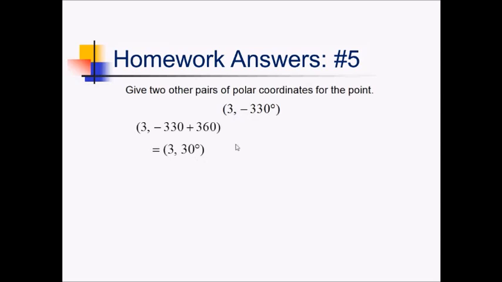Another way, other than subtracting 360 or adding 360 again, is to make the radius the opposite sign from what it already is and add or subtract 180 degrees. So we could call this (-3, -330 plus 180), or (-3, -150°).